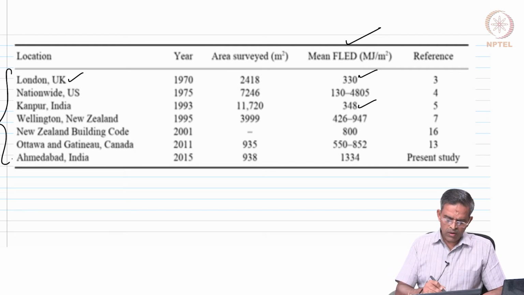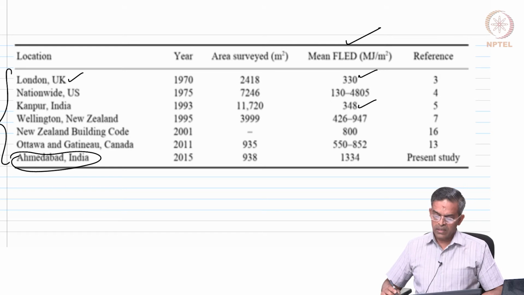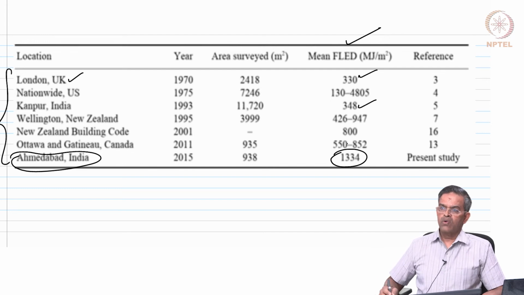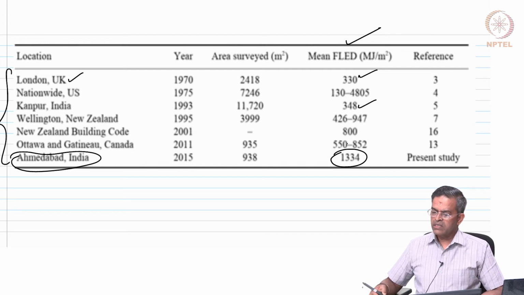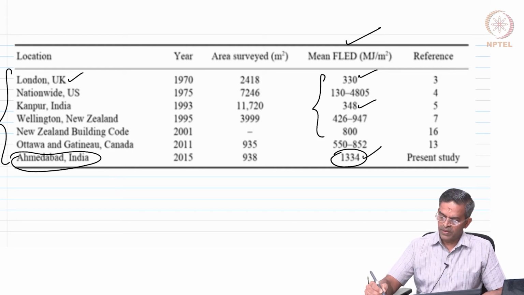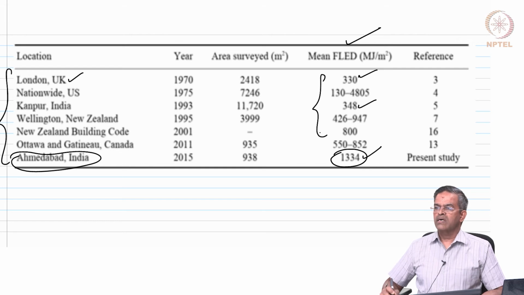A recent study carried out by IIT Gandhinagar in 2015 shows that the mean value of fire load energy density is much higher in reality. Okay. This was tested in the laboratory, and people have reported that the FLED value for design, which is referred to in different codal provisions, is far lesser than the actual value.